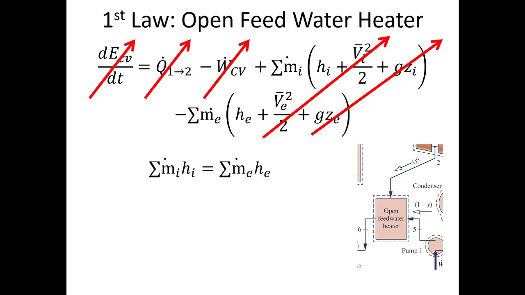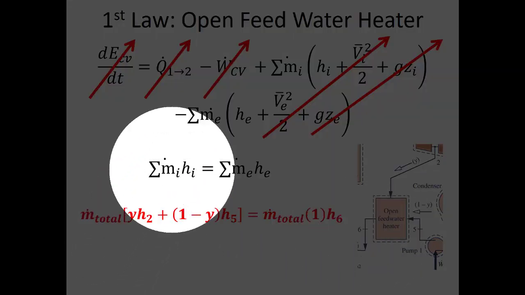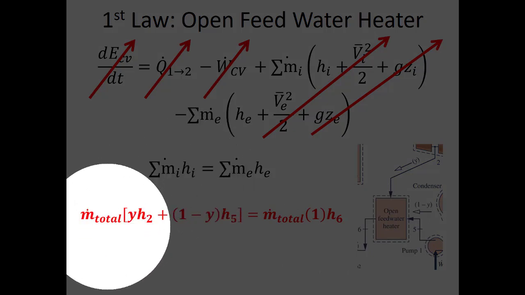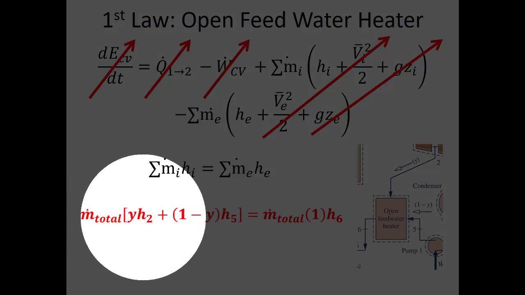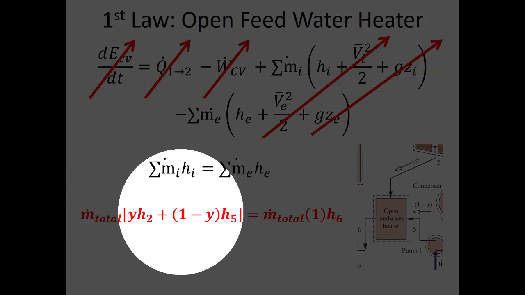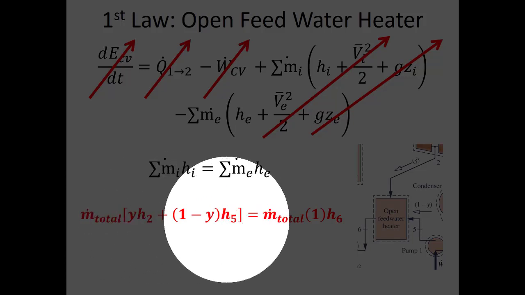So generically here, we would find that the sum of m dot in h in is equal to the sum of m dot out h out, or m dot exit h exit. Now in this case, I have two inlet ports. Because it's m dot times h, we have m dot total times y times h2, and m dot total times 1 minus y times h5.